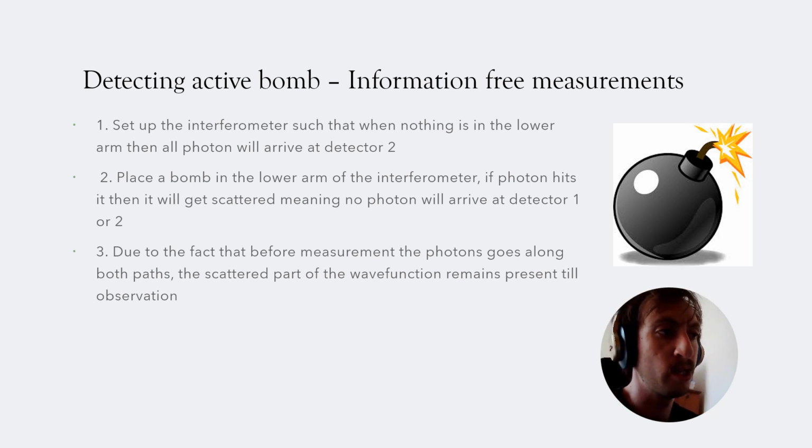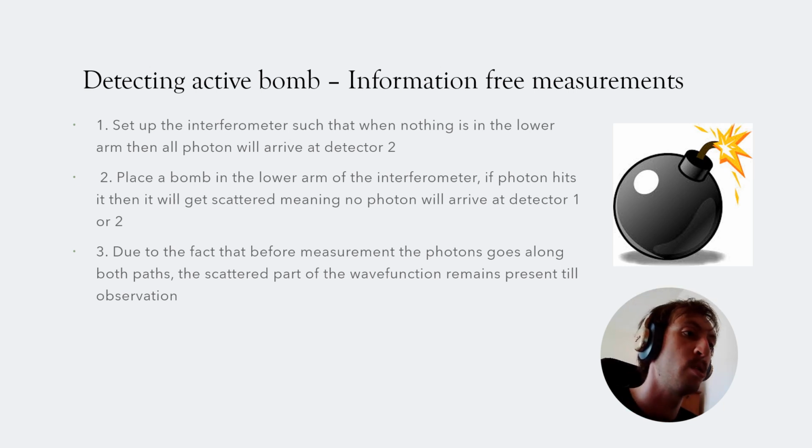Now, it turns out that this fact that if the photon was to interact with the bomb, it would be scattered and not detected at detector 1 or detector 2, introduces a possible classical state, which, when going through the same procedure we did before, and bearing in mind that our photon is actually in a quantum state, a superposition of classical states, actually there's a scattered part to our wave function or state vector, and this is going to remain present in its quantum state until our observation occurs, by which I mean the photon is either found at detector 1 or detector 2.